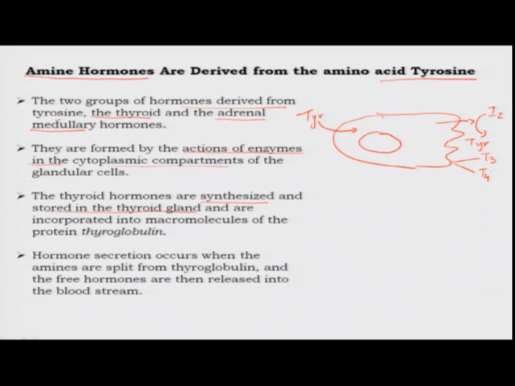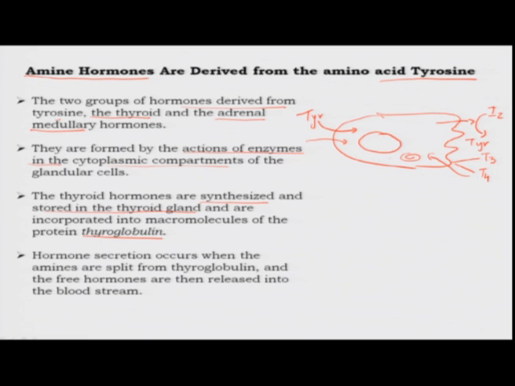So, this gives rise to two kinds of molecules, triiodothyronine or T3, and thyroxine or T4, which has 4 iodines. These T3 and T4 are then taken up back into this cell, and because they are tyrosines, they are amino acids, they are incorporated into the synthesis of a protein called thyroglobulin. Once incorporated into thyroglobulin, it is stored in that form until there is a trigger which tells the cell to release the thyroid hormone.